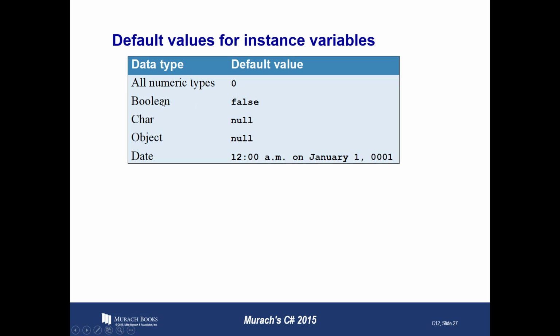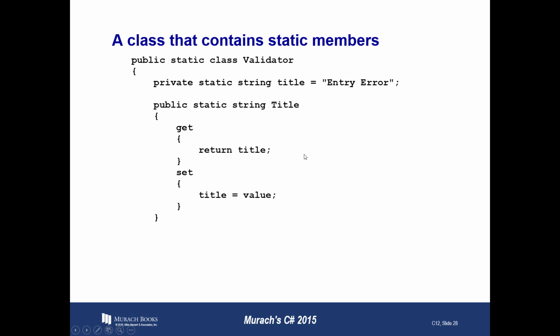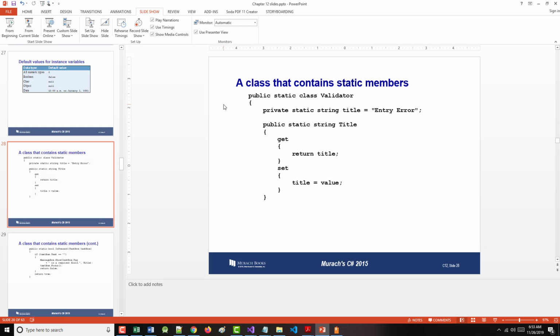Anything Boolean that you don't give a value to defaults to false. Chars and objects default to null. And dates default to midnight, January 1st of the year 1. All right? So we'll come back and talk about a class that contains static methods in just a moment.